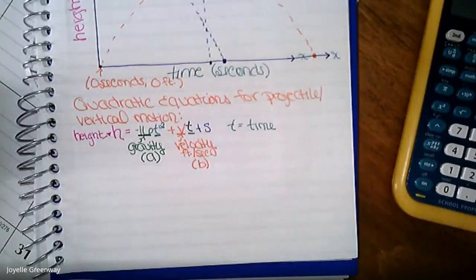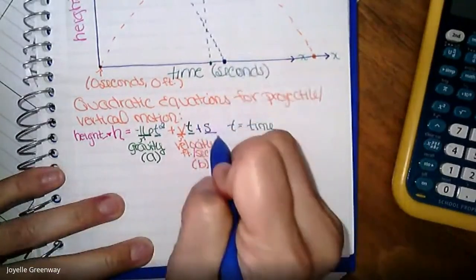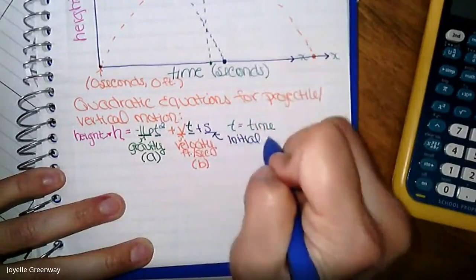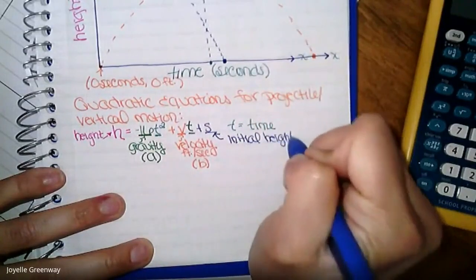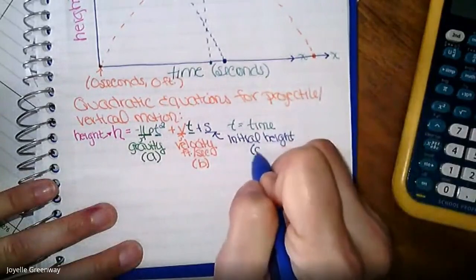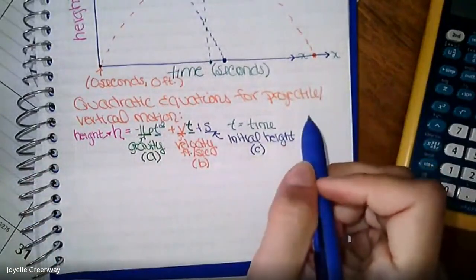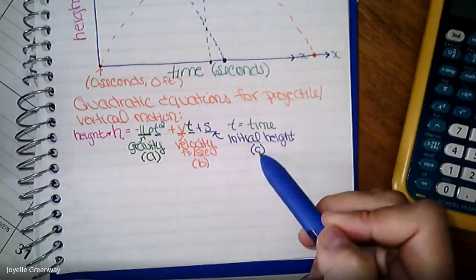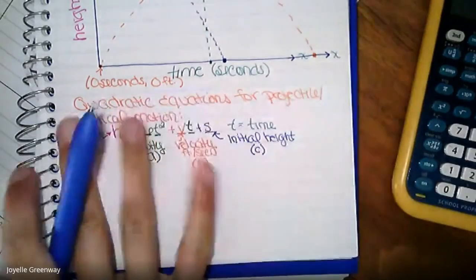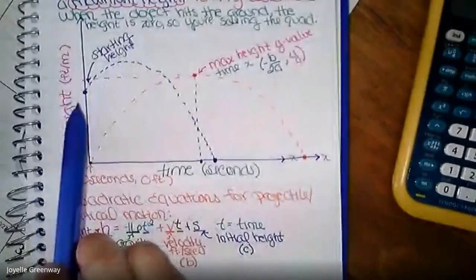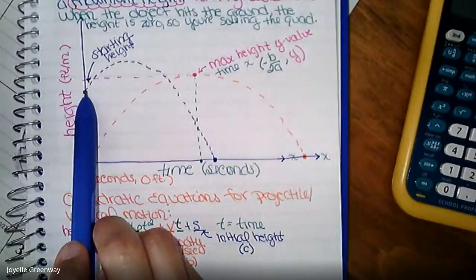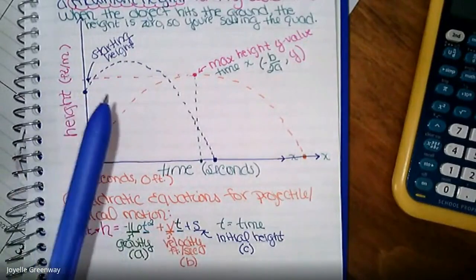And then your S, this is your initial height. This is your C value. If you remember back to ax squared plus bx plus c, that C value was your y-intercept, so that's your starting height. That's where your graph crosses your y-axis.